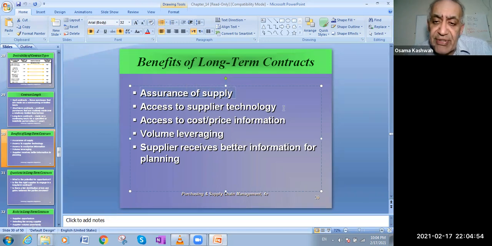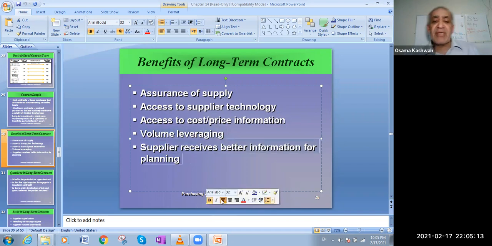Access to supplier technology, that's fine. Access to cost price information, because I will know about the pricing, and I will take deductions and discounts as a buyer. Volume leveraging. The supplier receives better information for planning, of course, because when the supplier is with you for 4 or 5 years, he will know your needs as a buyer more than if he knew you only for spot purchases, like take and go, or small agreements like a 1 month or 2 month agreement.